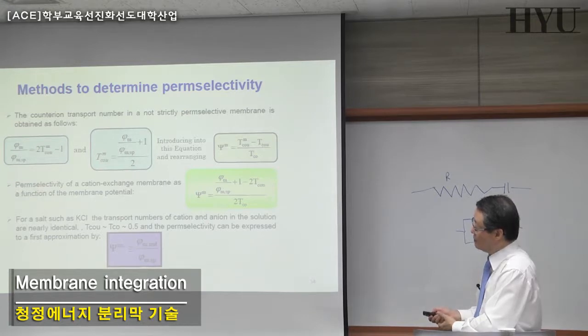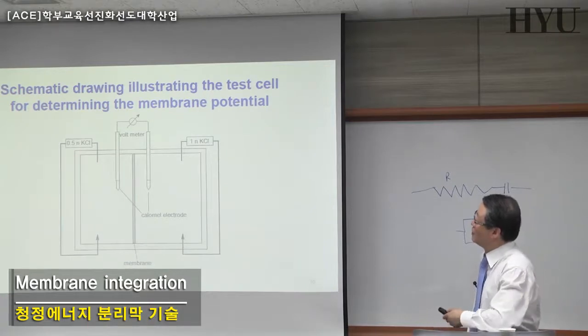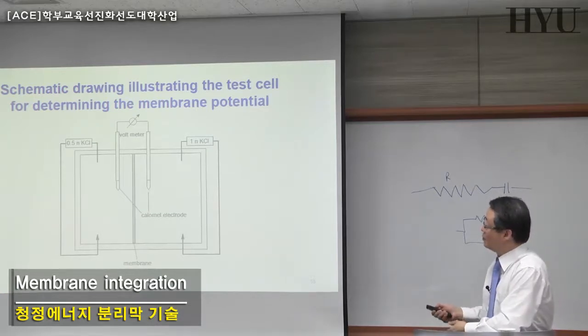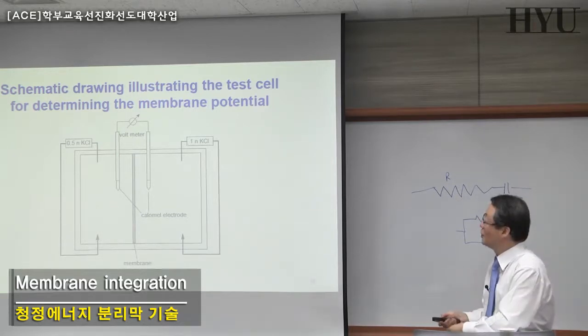So in many cases, the membrane potential or membrane impedance is described as the potential of the membrane, the real part, and the specific part of the cases. Well, this is the same as what we have described already. The membrane is separated with two solutions, and you have a low concentration and a high concentration solution.